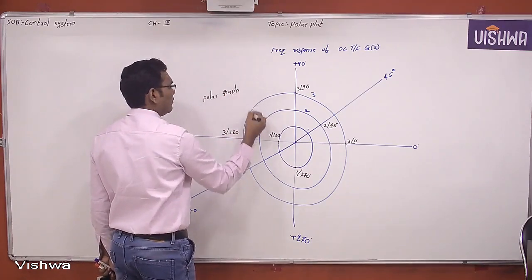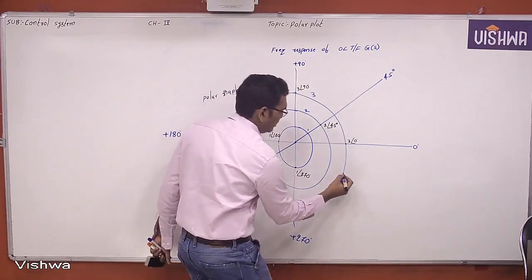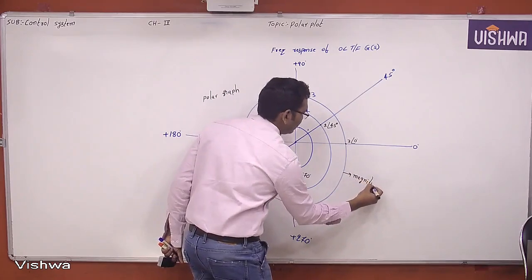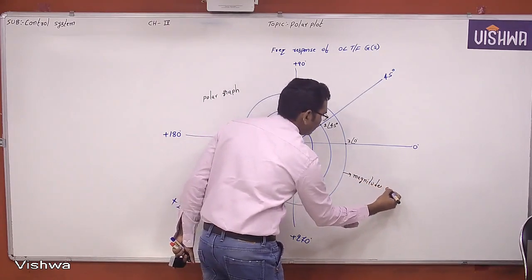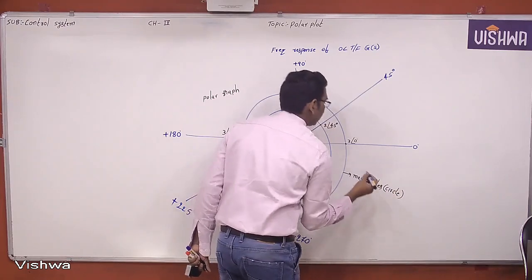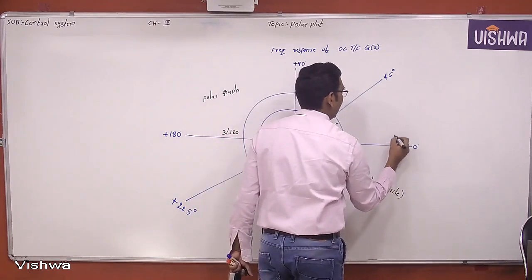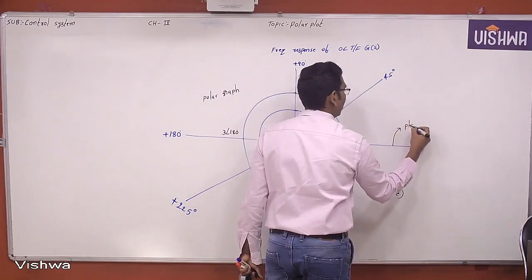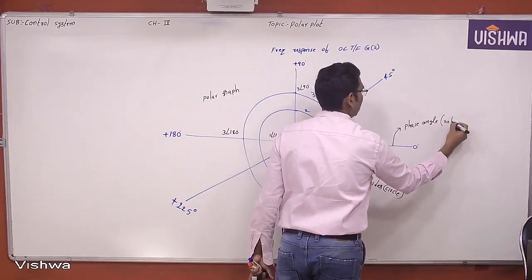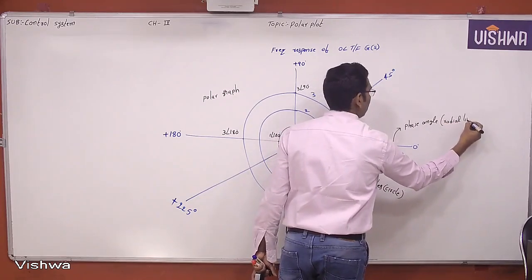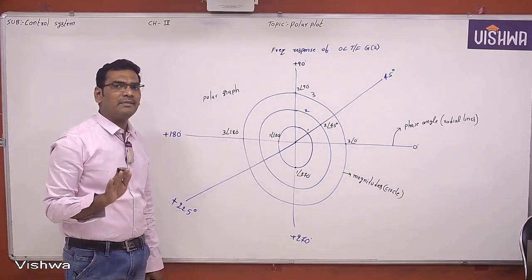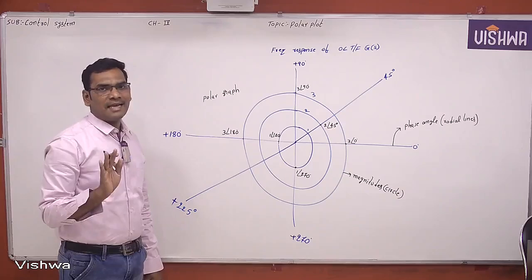In the polar graph, the circles represent the magnitudes, and the radial lines represent the phase angles. Therefore, the polar plot is nothing but a magnitude and phase angle plot.